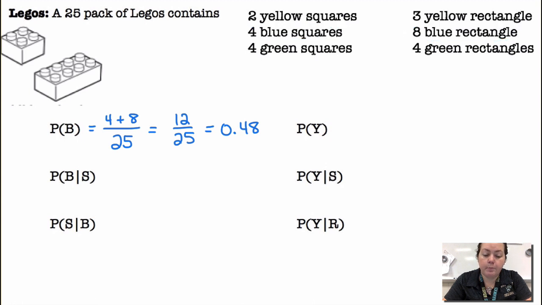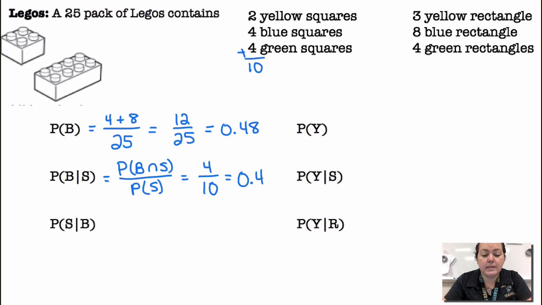The probability of blue given a square is the probability of blue and a square divided by the probability of squares. Well, I have 4 blue squares out of 10 total squares. So 4 out of 10 would be 0.4. The next one, it says the probability of a square given it's blue. So this would be the probability of a square and blue divided by the probability of blue.